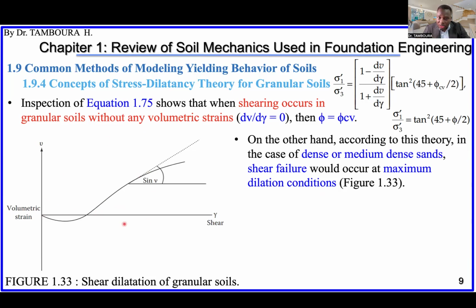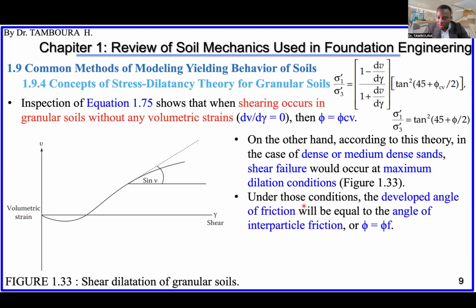So here, when we have granular soil and the shearing is happening without any volumetric change, no volumetric strain, no volumetric deformation. Here we have dense or medium dense sand, and the failure is happening when we are at the maximum dilation condition. You see the dilation, sine psi, this dilation angle here. See?